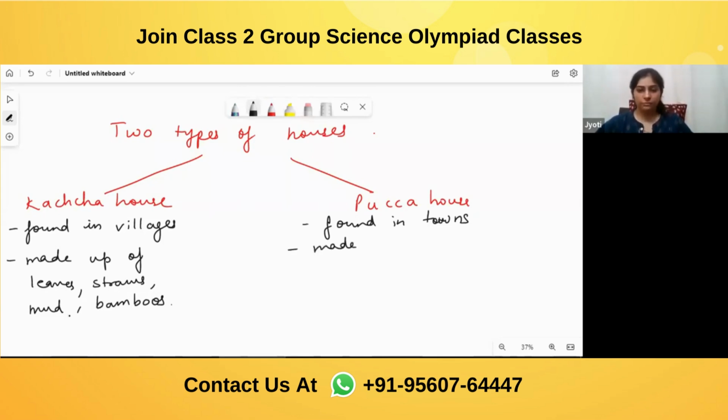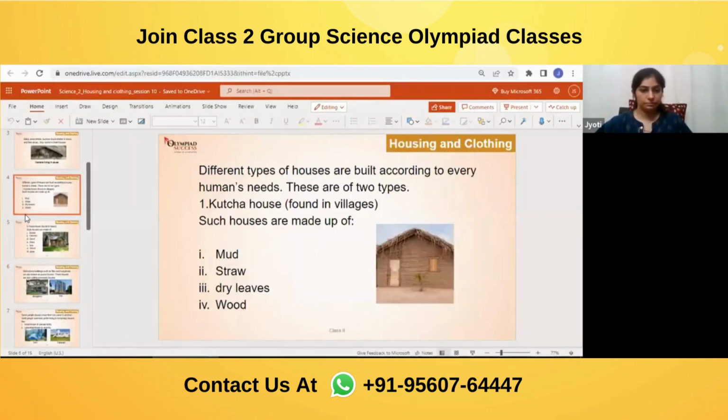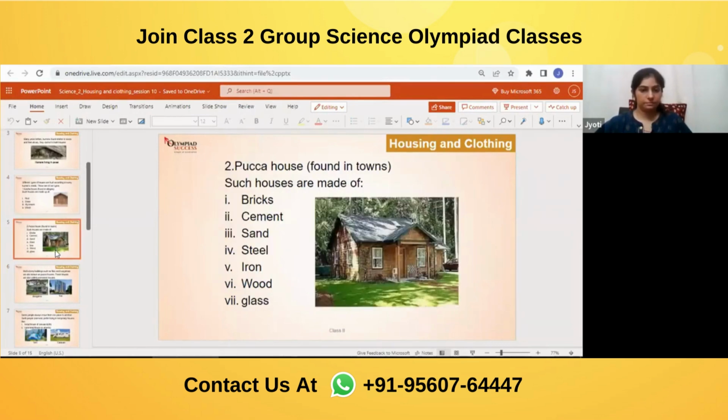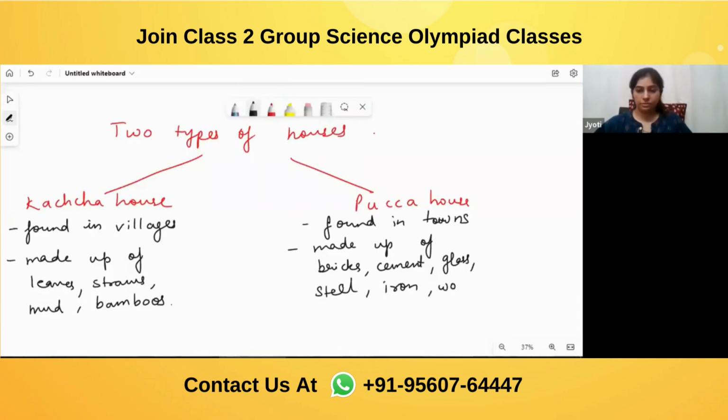The pakka house is made up of bricks, cement, glass, steel, iron, wood, sand.